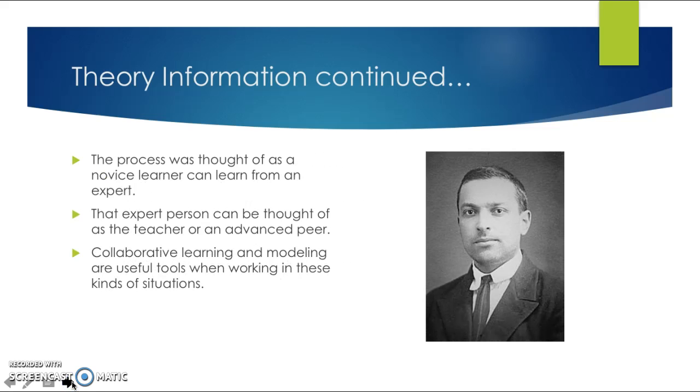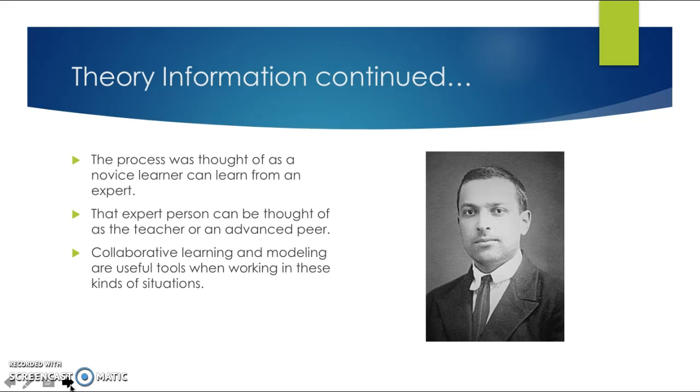So, theory information continued. There's a picture right here of Lev Vygotsky. The process was thought of as a novice learner can learn from an expert. So, like I was talking about earlier, that learner that may be lacking or slightly behind can learn a lot from having an expert with them or someone who really understands the concept.